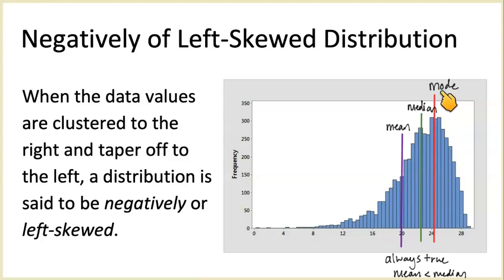So the mode will fluctuate depending on where the highest bar is for the frequency. But in any distribution that's negatively or left skewed, the average is going to be a lower value than the median. So for the example of this distribution, I'm estimating the average to be around 20, and the median possibly around 22 or 21.